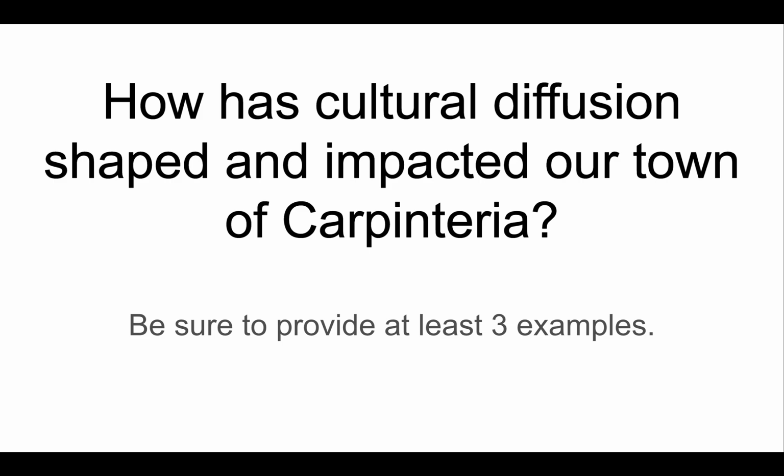If they're all of one type, say direct diffusion, that's fine. But I want you to look around in your mind and think about our town of Carpinteria and consider how have cultures from afar shaped this little place we call home. List 3 examples and be sure you read over your examples, make sure they're clear, and go ahead and submit.